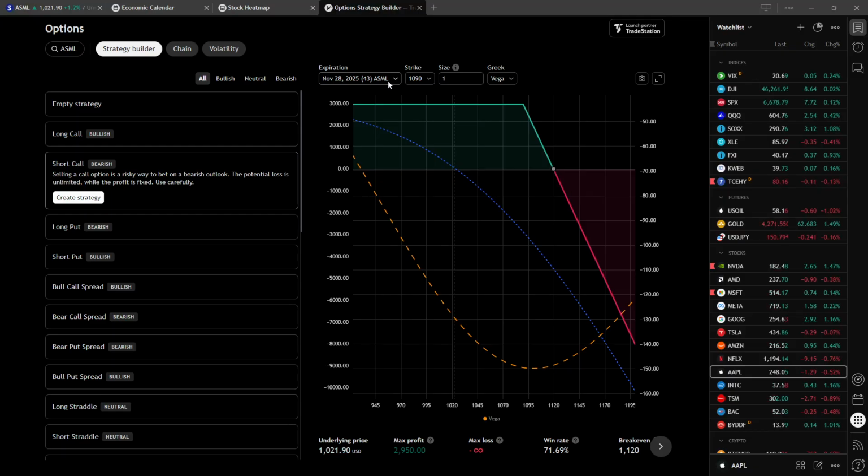Typically, this is the average play. If it's less than that, you don't get that much premium. Too far out, too much uncertainty. So 45 days is kind of the golden area. Strike price is delta dependent. Right now the 1090 strike will give me a delta of 34.